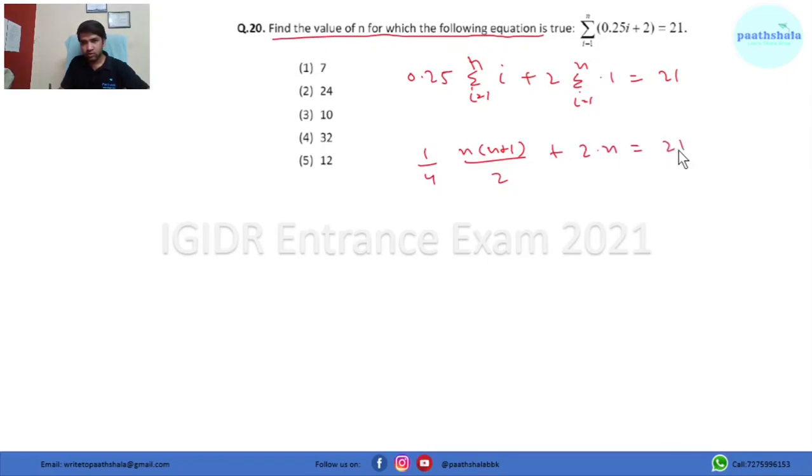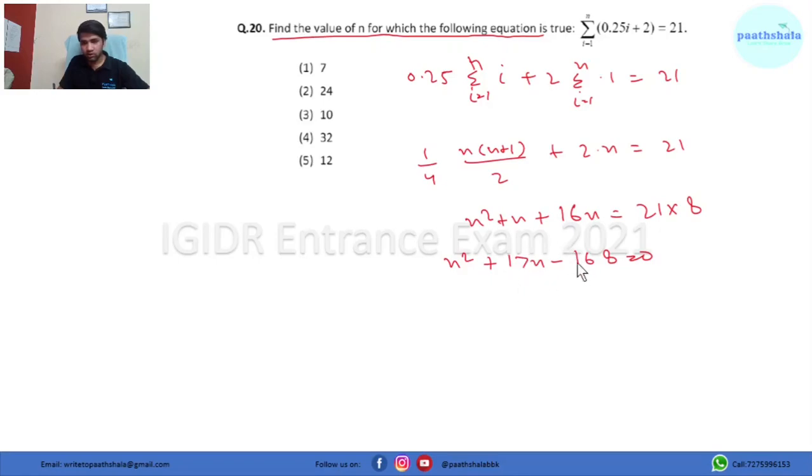So 2n equals 21. If I solve it further, we will get n square plus n, and here 4 8s are 32, 8 2s are 16. So this is 16, and 21 into 8. So finally you will get n square plus 17n minus 168 equals 0.